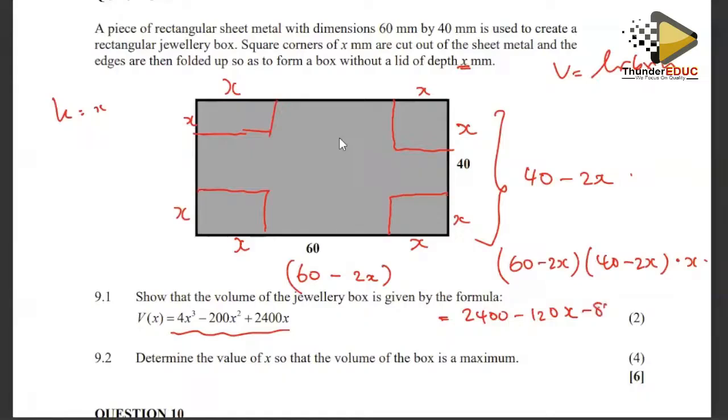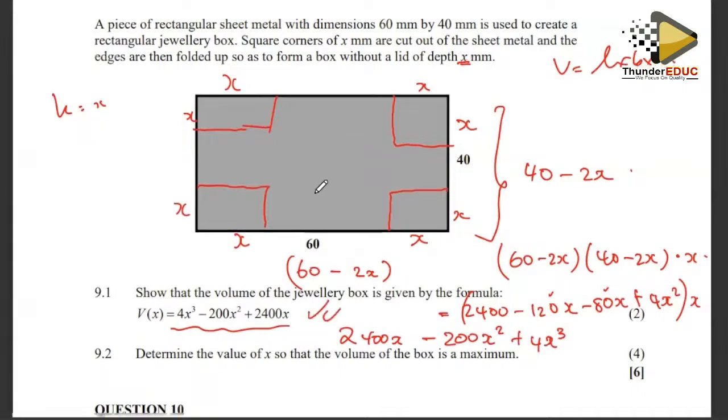That is minus 80x plus 4x squared. All of this is inside of x. So 120 and that's a 200. When we open with the x, it's 2400x minus 200x squared, and then 4x cubed, which is that.